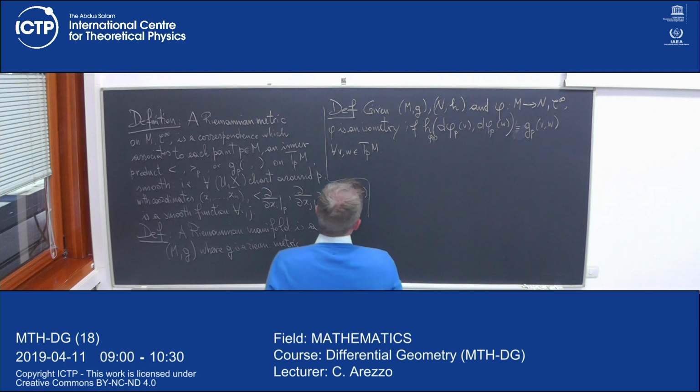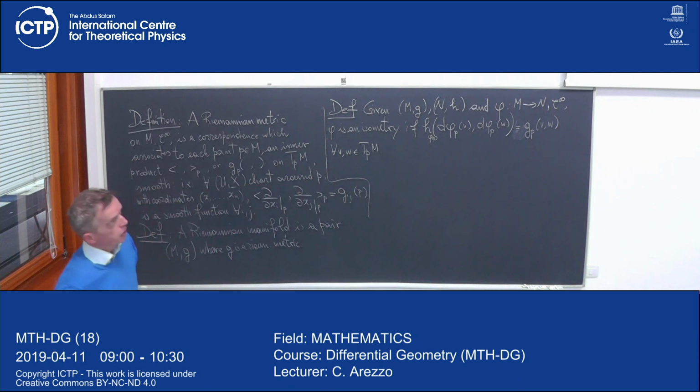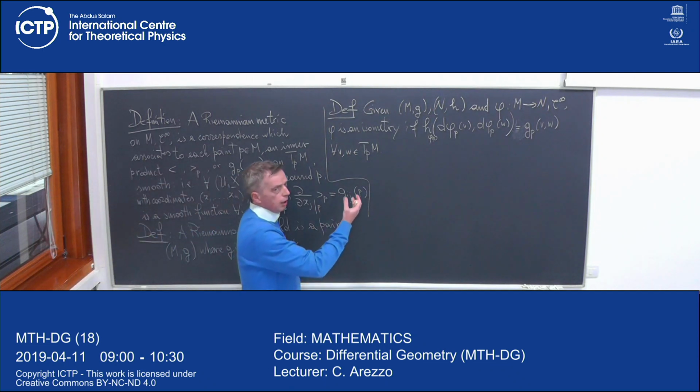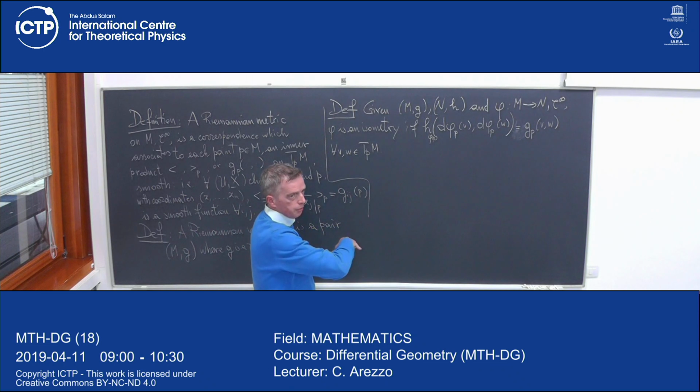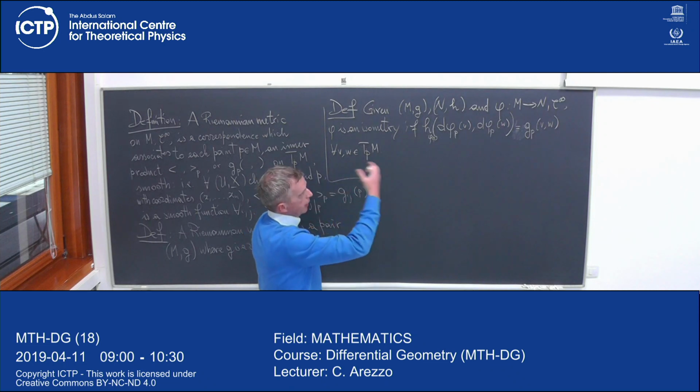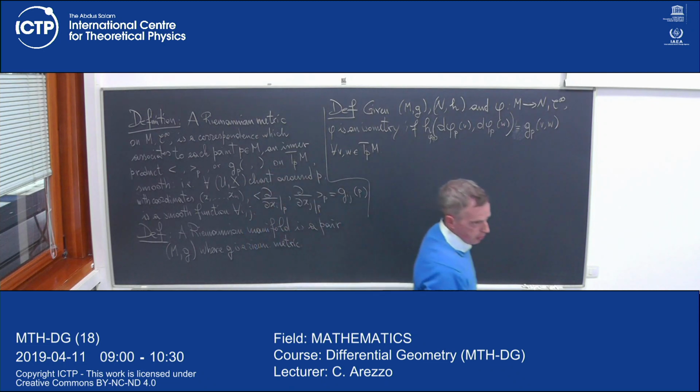Of course, you can extract out of this what is more usual to have, which is a local isometry. A local isometry will be a smooth map, which does this only on an open set. Okay, so in particular, you don't require it to be a global diffeomorphism.